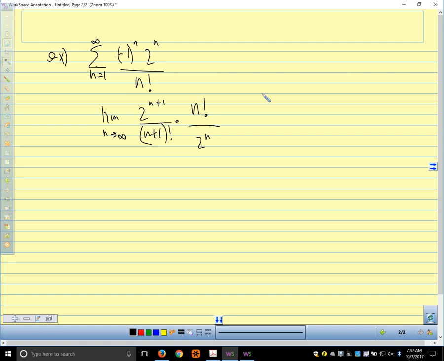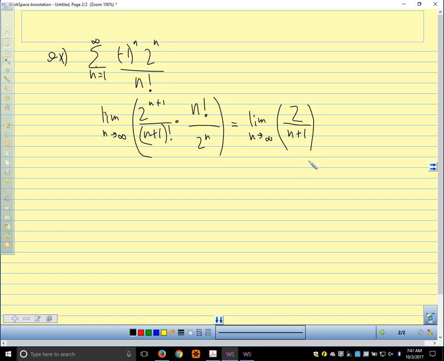And this example is nice because we can remember how to work with factorials and with powers. So we have the limit as n approaches infinity of n factorial over n plus 1 factorial. So we have an n plus 1 in the denominator. And 2 to the n plus 1 over 2 to the n is 2, because we can rewrite this as 2 to the n times 2.